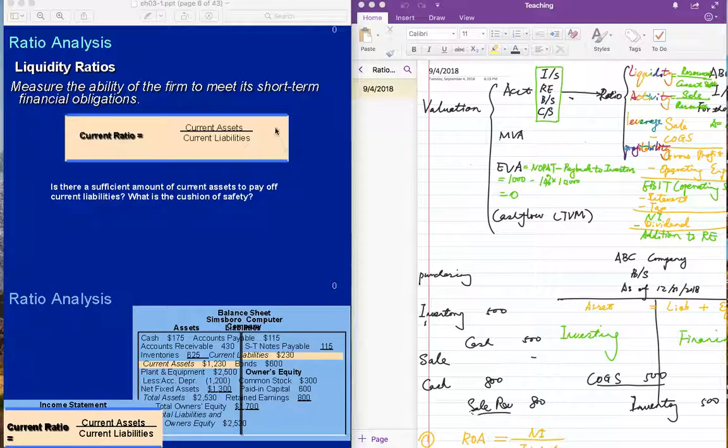And we do have some commonly used ratios to measure this. For instance, the current ratio. It equals current assets divided by current liabilities. So it answers the question, do we have a sufficient amount of current assets to pay off current liabilities? What is the cushion of safety of our firm?